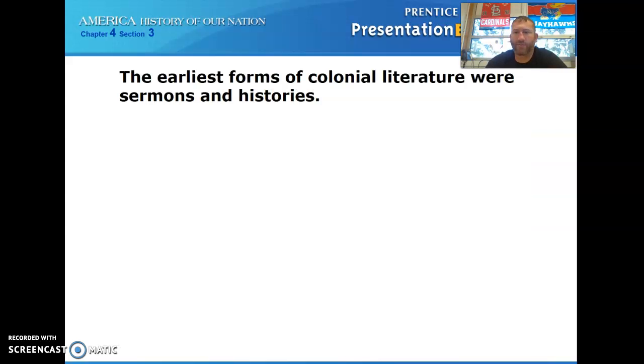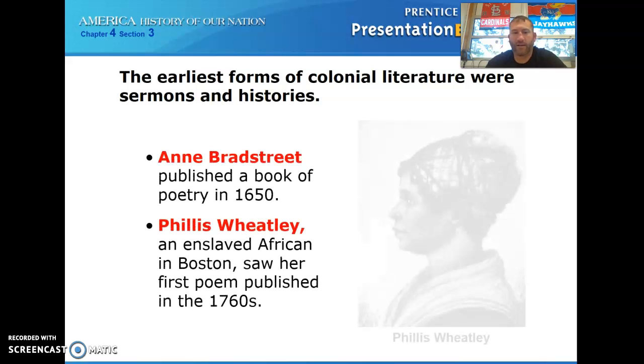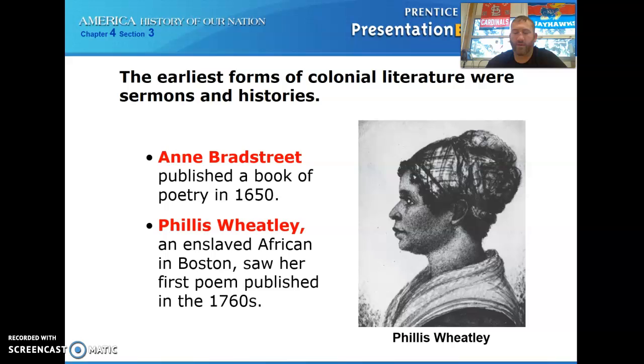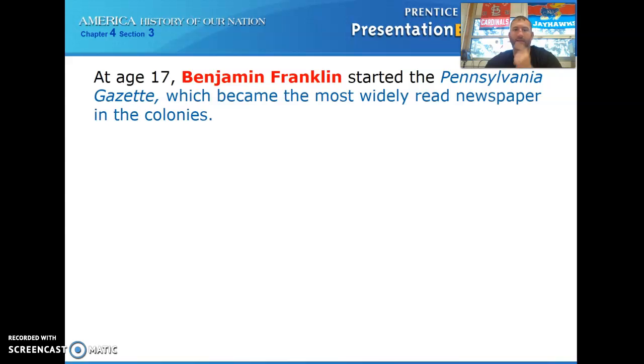And the earliest forms of colonial literature were sermons and histories. Anne Bradstreet published a book of poetry in 1650, and Phillis Wheatley, an enslaved African in Boston, saw her first poem published in the 1760s. At age 17, the famous Benjamin Franklin started the Pennsylvania Gazette, which became the most widely read newspaper in the colonies.